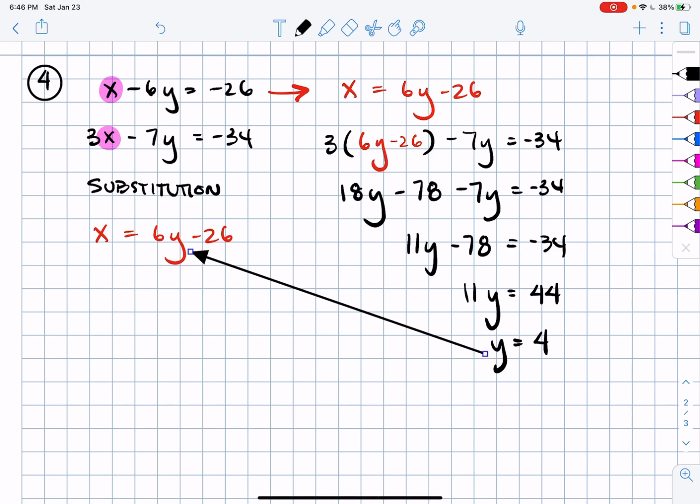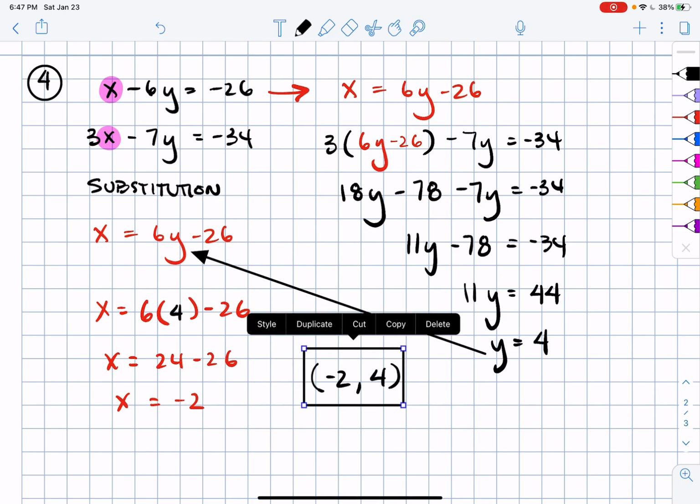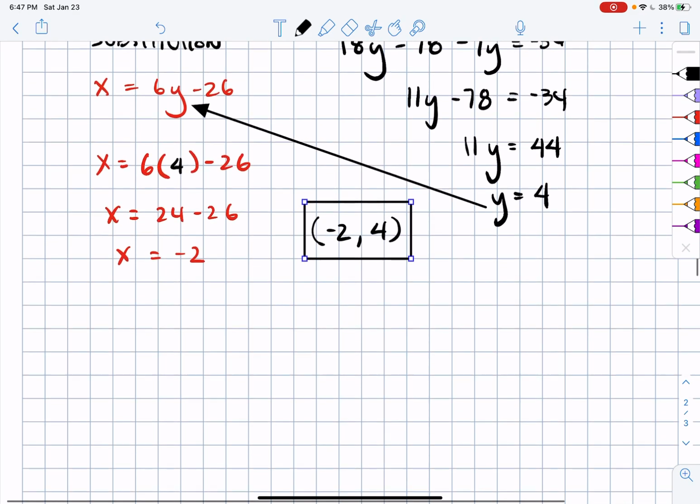So I have x is equal to 6 times 4 minus 26. So x is equal to 24 minus 26. So x is equal to negative 2. So that means, again, this is where the two lines intersect each other, at negative 2 comma 4. And there you go. All right, so that's number 4.